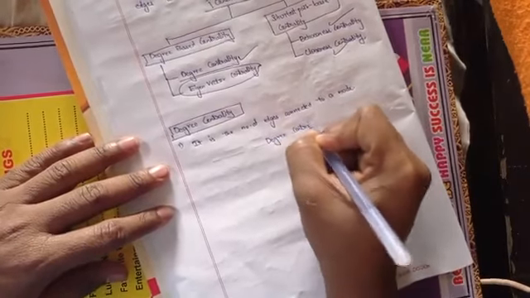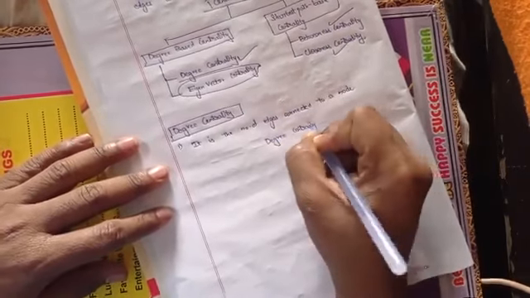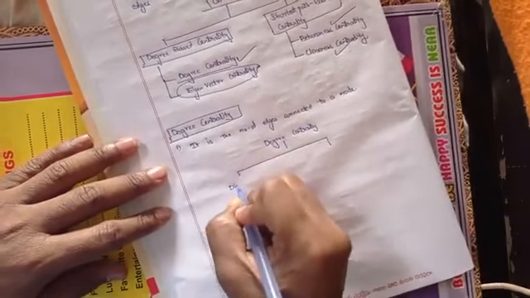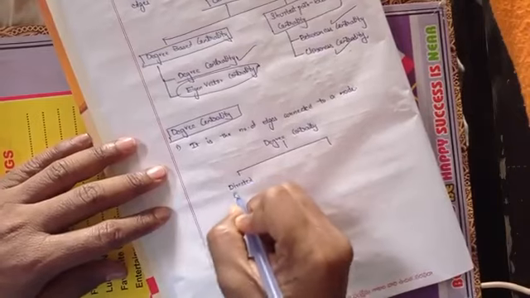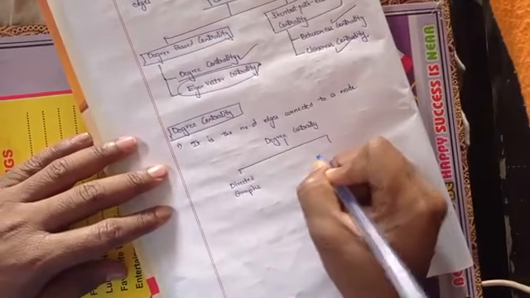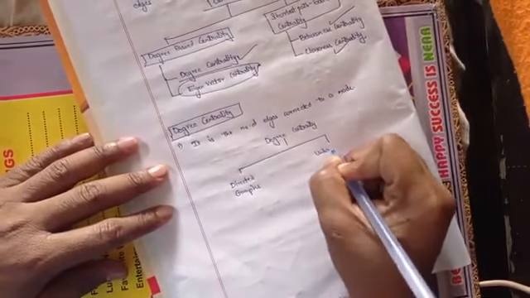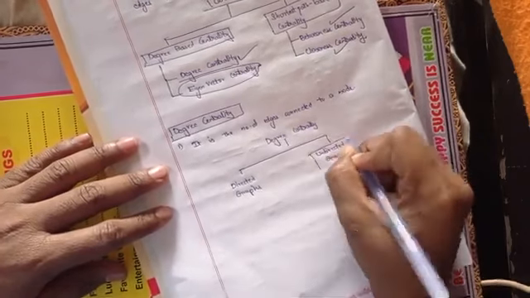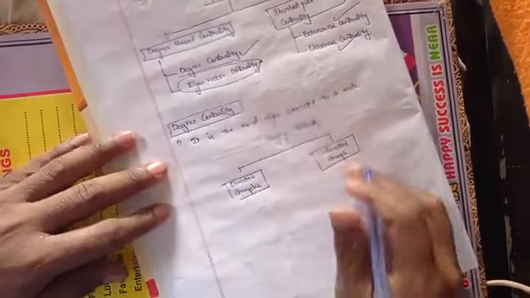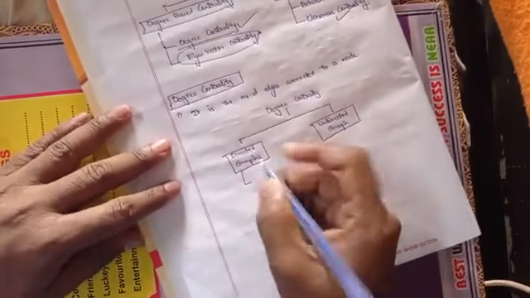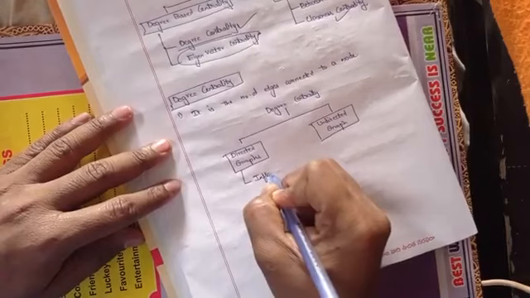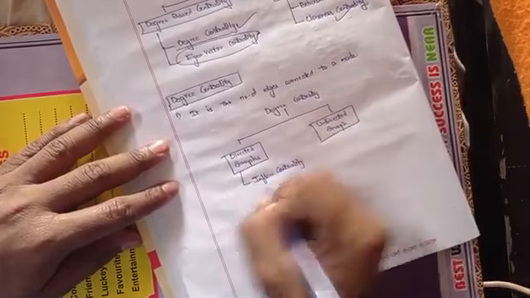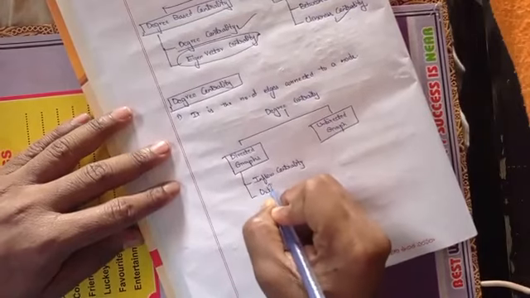The directed graph is again classified into two types: inflow centrality and outflow centrality.